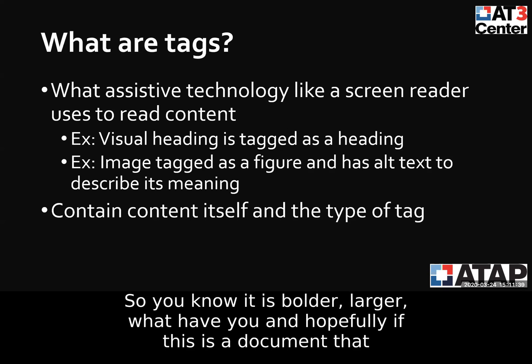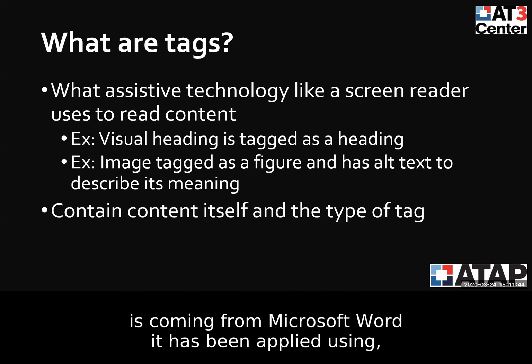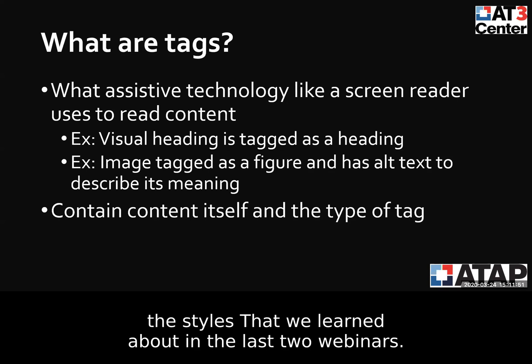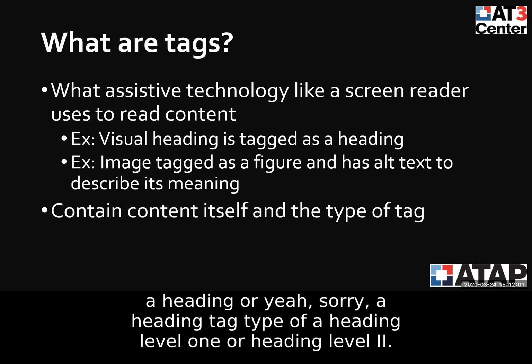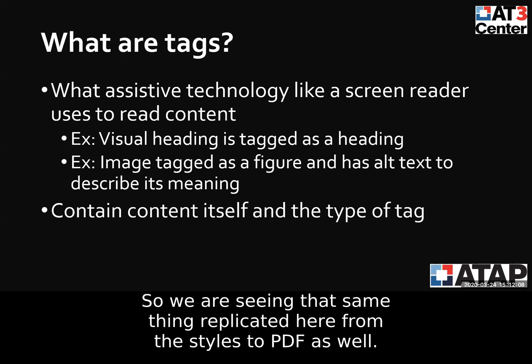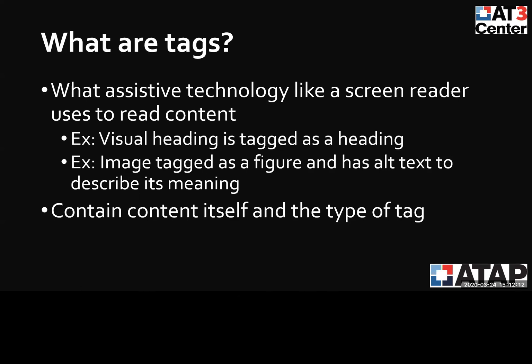So, you know, it's bolder, larger, what have you. And hopefully if this is a document that's coming from Microsoft Word, these differences have been applied using the styles that we learned about in the last two webinars. But the important thing here is that there is a heading tag type of a heading level 1 or a heading level 2. So we're seeing that same thing replicated here from the styles into PDF as well.